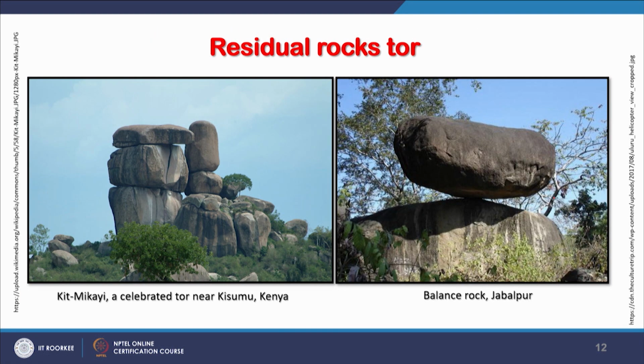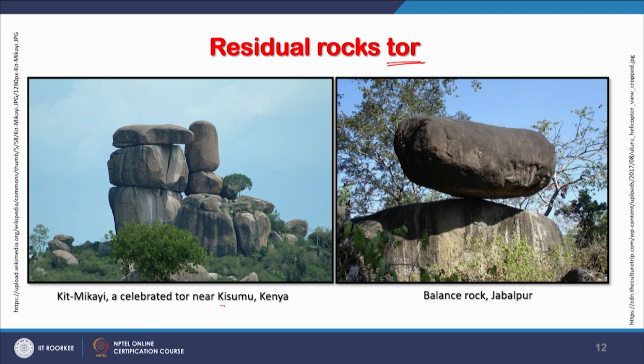Residual rocks: the Inselberg is one residual rock, and another is the Tor. As I was mentioning, in granitic terrain you may find boulders like this one, left like this while the rest of the rocks or minerals have got weathered and only the hard part remains.